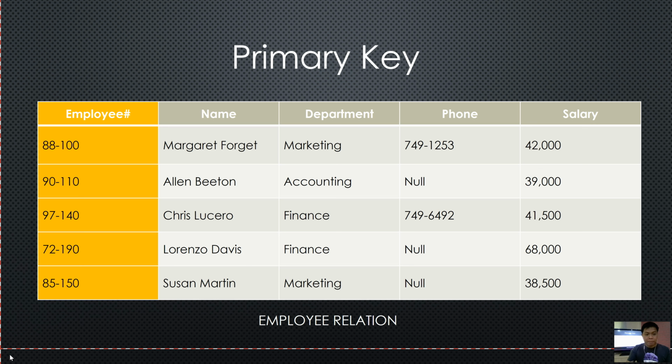In our table, which I showed you earlier, our primary key here is the employee number. If we want a primary key that is a combination of columns, we may also use the employee number and the name column. But employee number alone is enough to uniquely identify each row in this table.